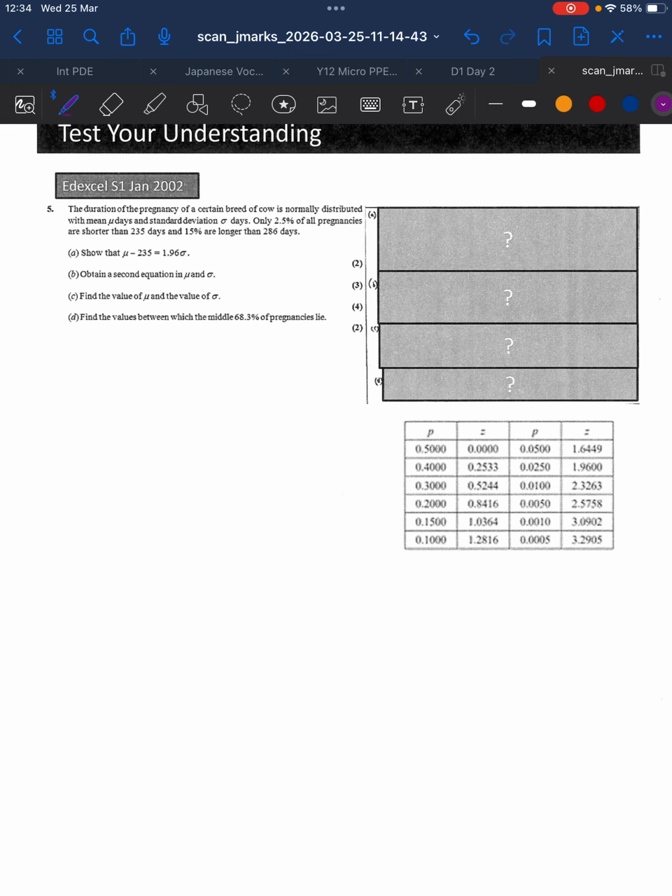Okay, so I'm not going to go over that part there again. For part B, you should end up getting something equivalent to 286 minus mu equals 1.0364 sigma. And then again, the idea will be that you solve A and B again. This is an old spec question.